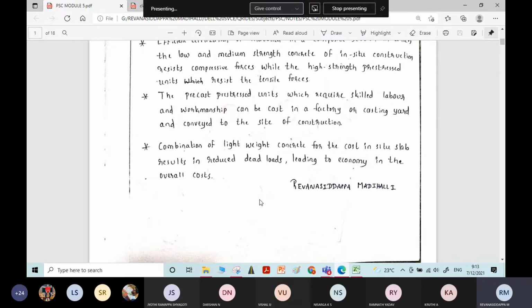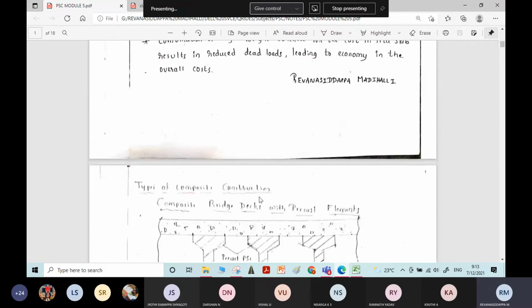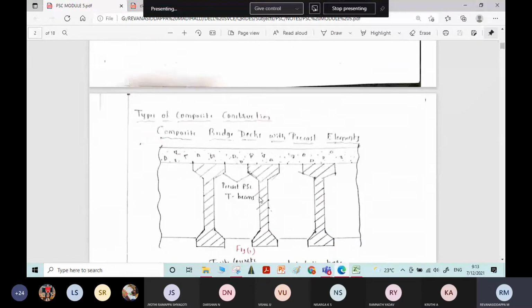One more advantage is we can give some circular openings at the web of the beam, so that the self weight of the composite section will reduce, which leads to economy of the construction. These are a few advantages related to composite sections.